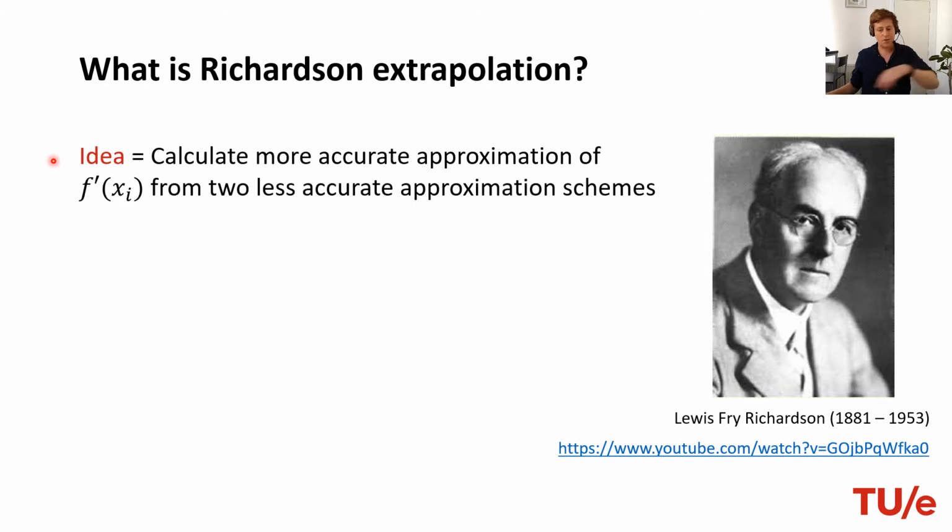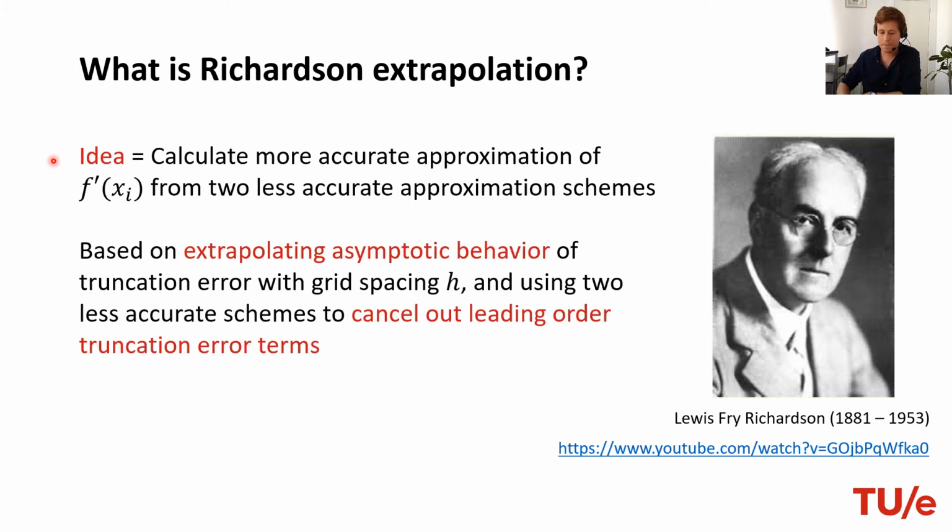Now back to Richardson extrapolation. The whole methodology is basically based on extrapolation of the asymptotic behavior of the truncation error with respect to the grid spacing. And we will use two less accurate schemes calculated on two levels of grid refinement, h and 2h, to cancel out leading order truncation error terms.